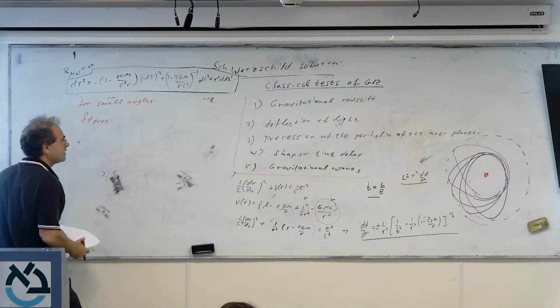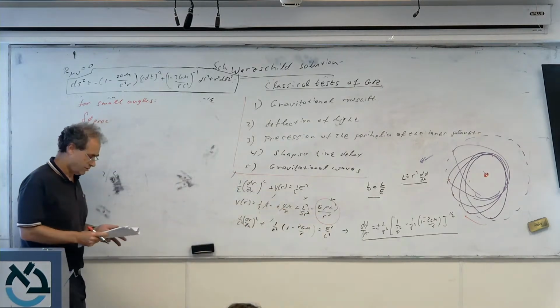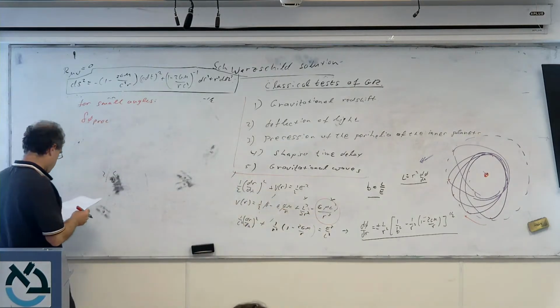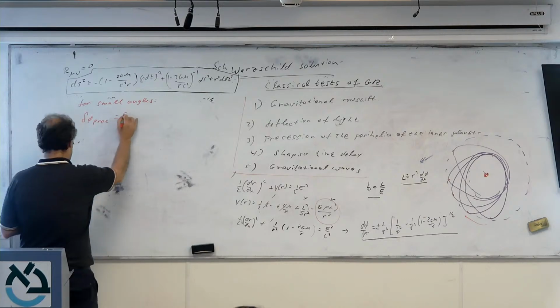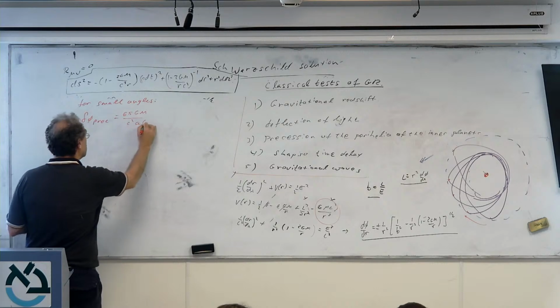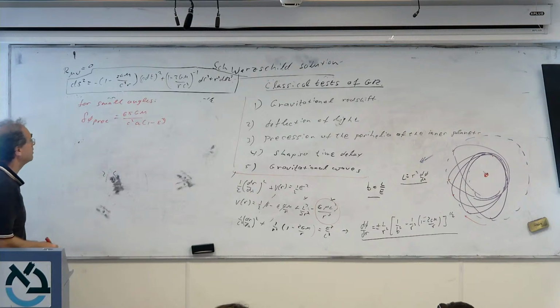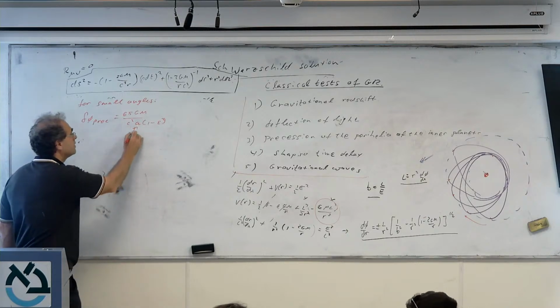So again, this is just the delta phi. This is the addition because of the GR term, going as 6 pi GM over c squared a (1 minus epsilon squared). What is a?